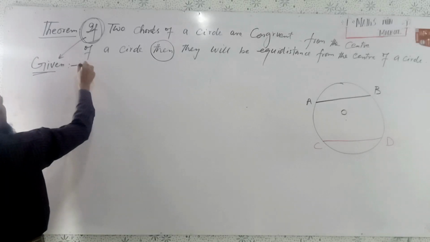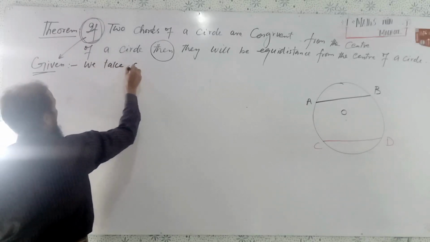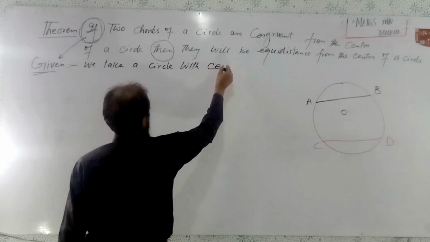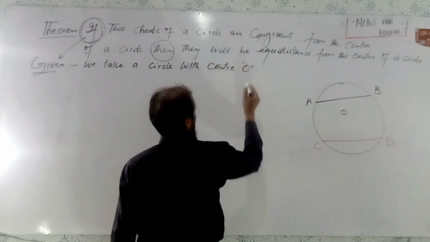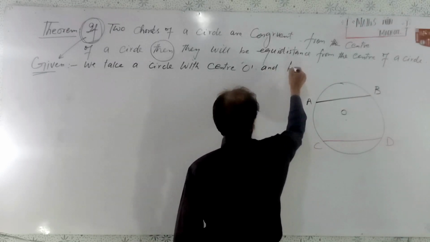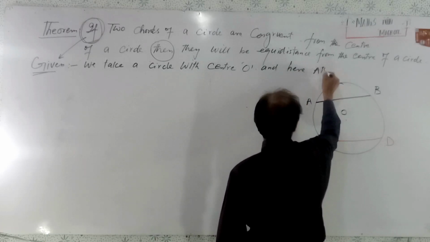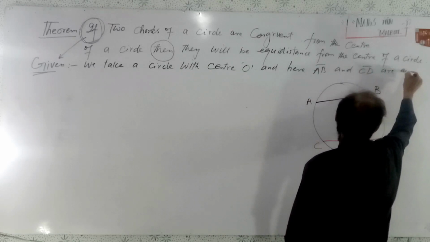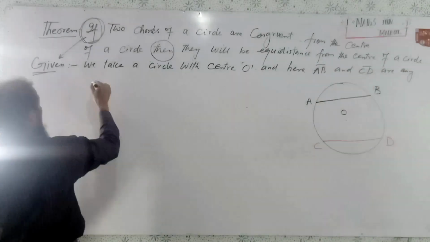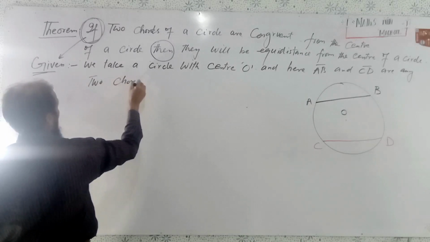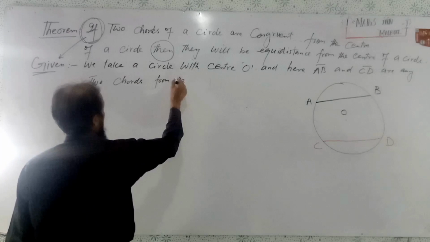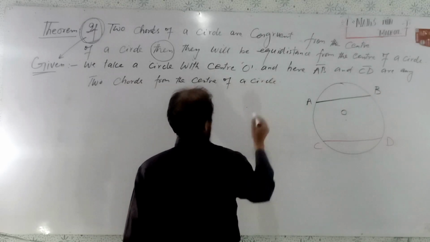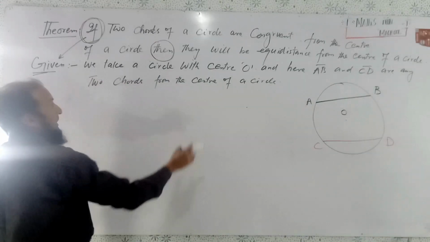We take a circle with center O, and AB and CD are any two chords of the circle, and they are congruent.